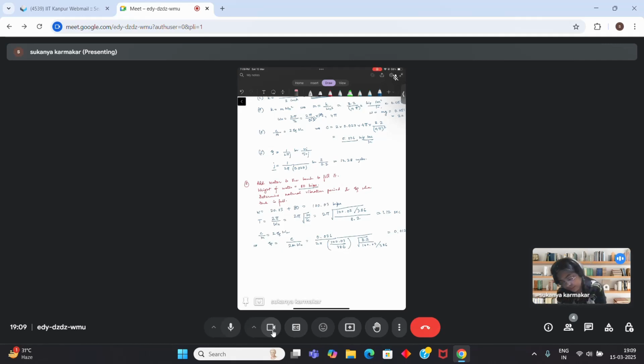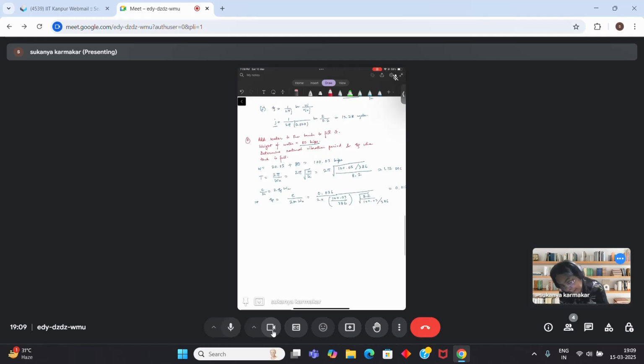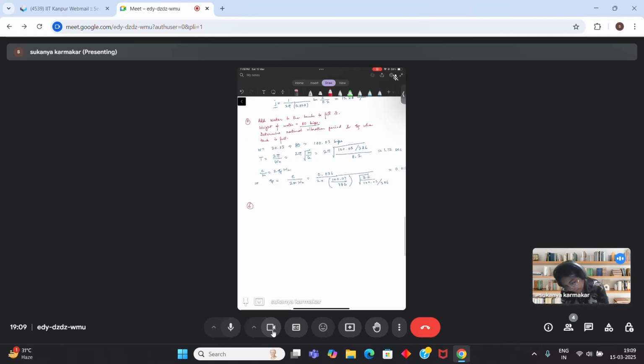Suppose I have a frame like this. This length is 16. Force P is applied, and U is the degree of freedom which I'm measuring.